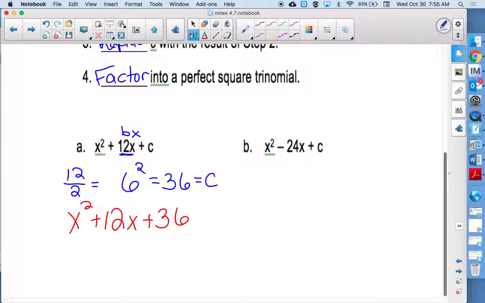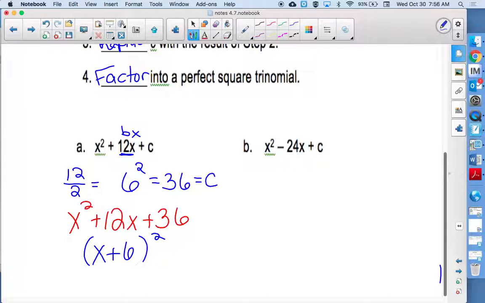The last step says to factor this trinomial. So how would you factor x squared plus 12x plus 36, Chris? x plus 6 squared, because 6 times 6 is 36, but when I add 6 and 6 together, I also get 12. So now I've taken a problem and made it a perfect square.